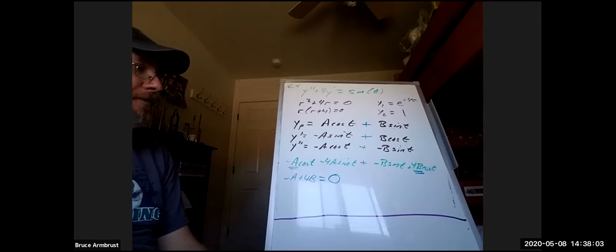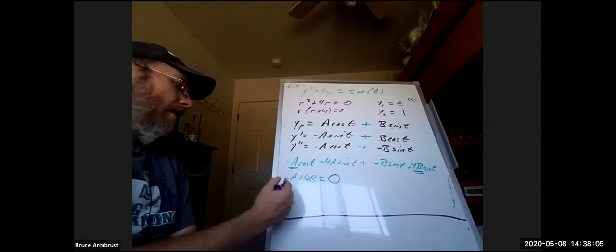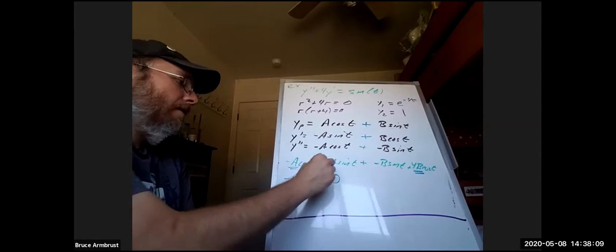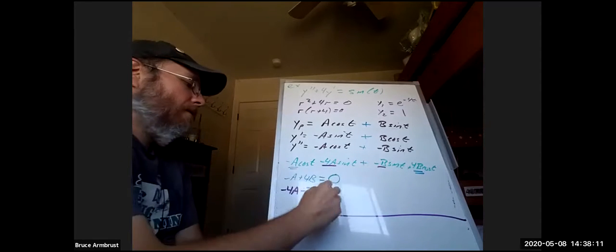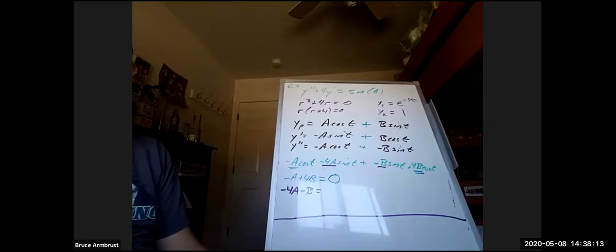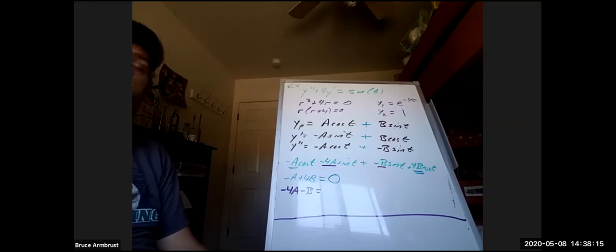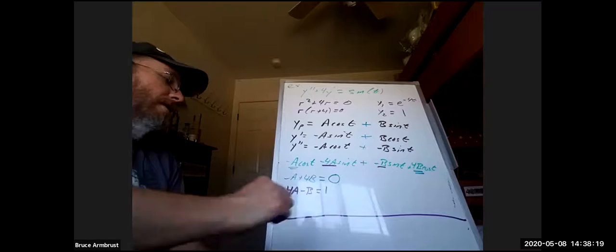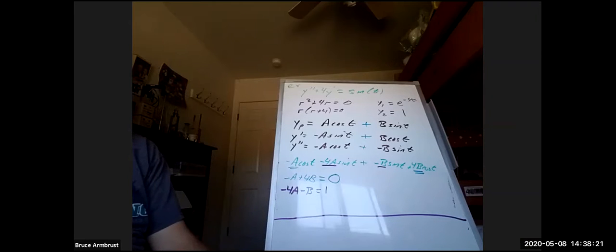And then if I do the same thing but look at the sines, I'm going to get minus 4a minus b. And what's that going to have to equal? 1, because I've got one sine at the end.